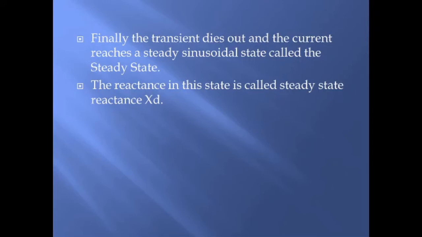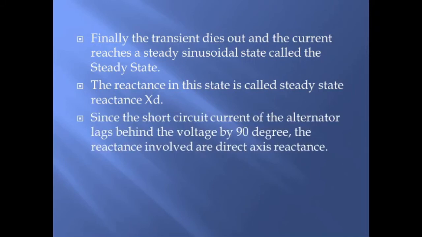We will not deal with XQ at all when you talk about transient behavior, because of the phasor relationship. Only XD is dominating, XQ is not there. Okay, the reactance in this state is called steady state reactance, and it is denoted by XD.